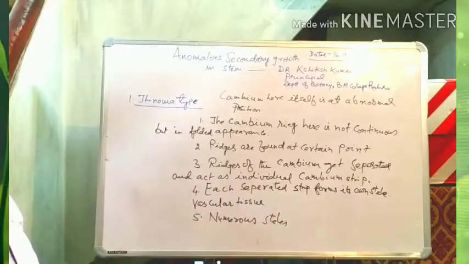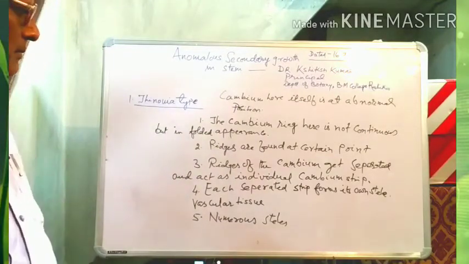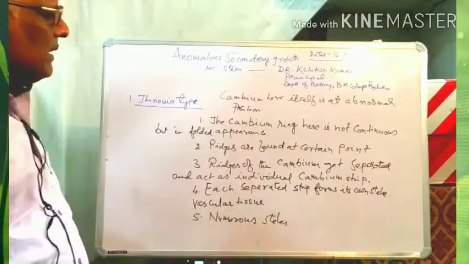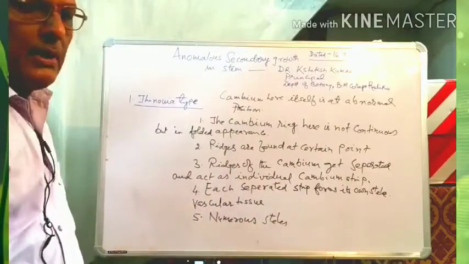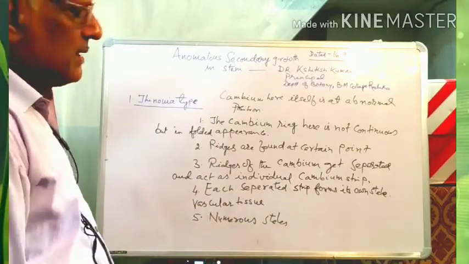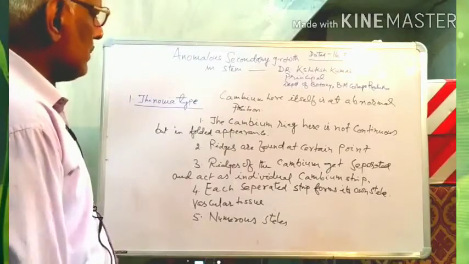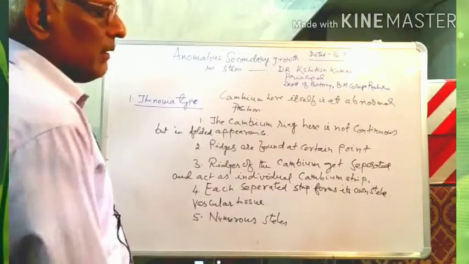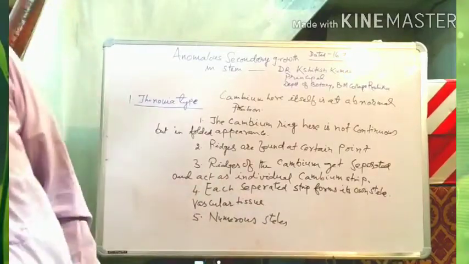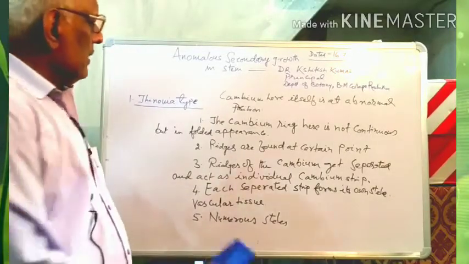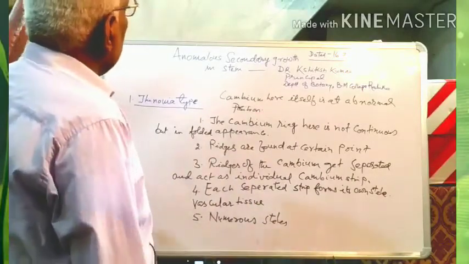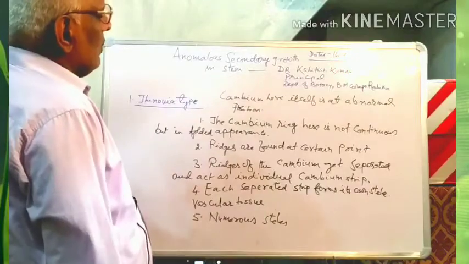The ridges of the cambium afterward get separated, and each individual strip forms its own stele, that is vascular tissue, and the result is numerous steles. So these are the characters of Thionia type of anomalous secondary growth.